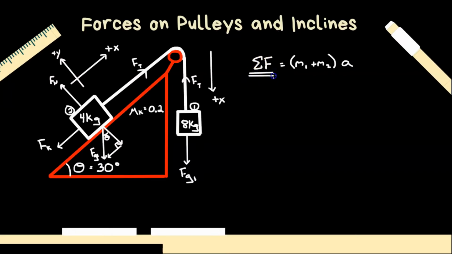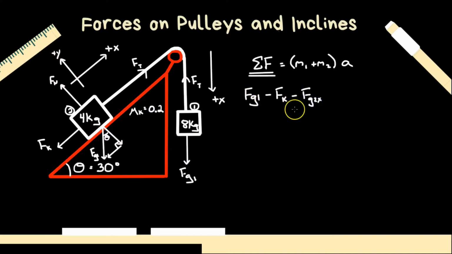Alright, so let's look at all these forces. What are all the forces that are acting on our combined two blocks? So first we have Fg1, and it's in our positive direction. Now our tension, internal forces, if you want to write them you can, but you'll just have Ft minus Ft, and they're going to cancel. We have a negative force of friction, so minus Fk for that second block. And then we have a negative component of gravity in our x direction, so minus Fg2 in x.